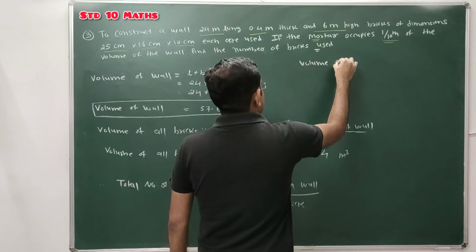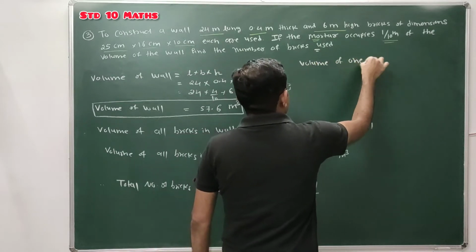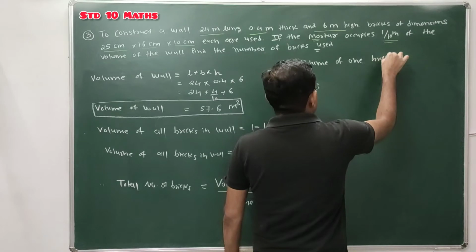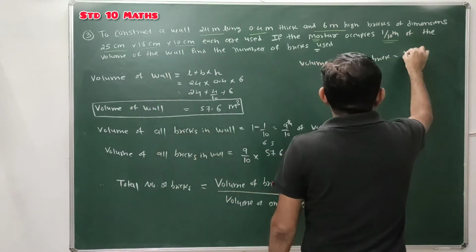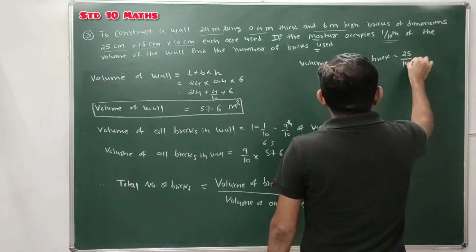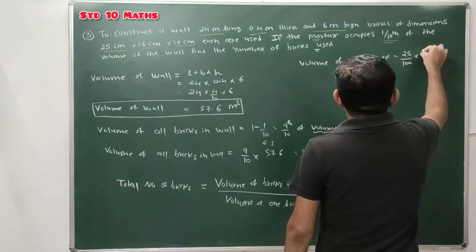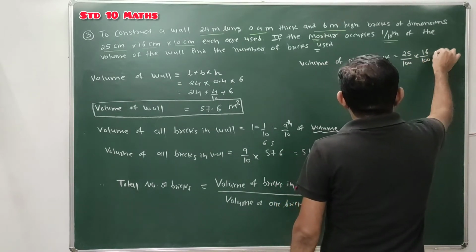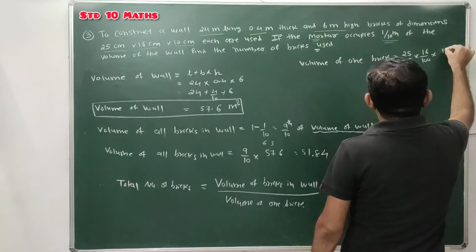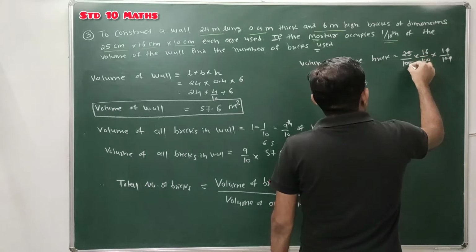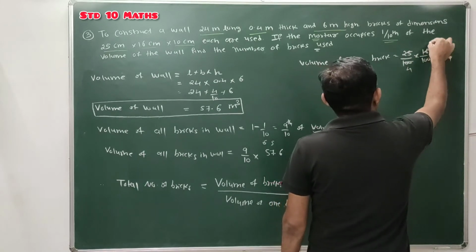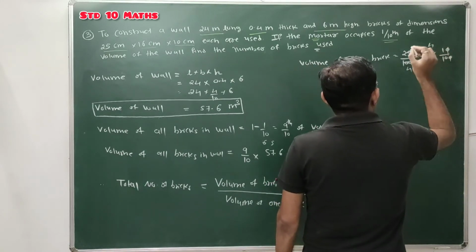So the volume of one brick is equal to length into breadth into height. 25 centimeter converted into meter, into 16 centimeter divided by 100, into 10 centimeter divided by 100. Zeros cut. 25 4s are 100, 4 4s are 16.